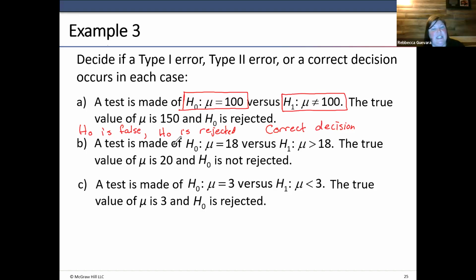The next one is a test is made. We have a null hypothesis where the mean is 18. The alternative hypothesis is that the mean is greater than 18. The true value of the mean is 20. So the null hypothesis is false. And we do not reject the null hypothesis.